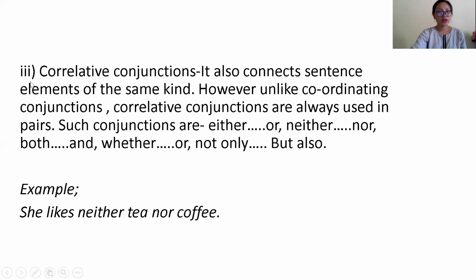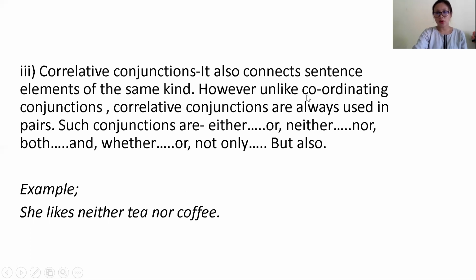Number 3, we have correlative conjunctions. Correlative conjunction means a pair of joining words. These are paired words that we cannot separate. Let's see what they are. Correlative conjunctions also connect sentence elements of the same kind, means words of the same kind.